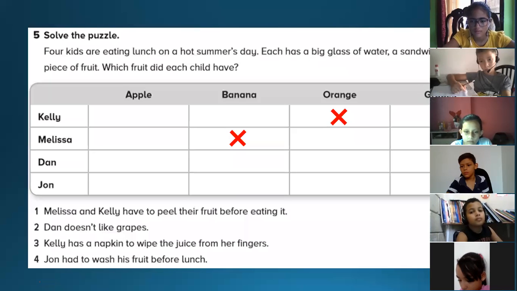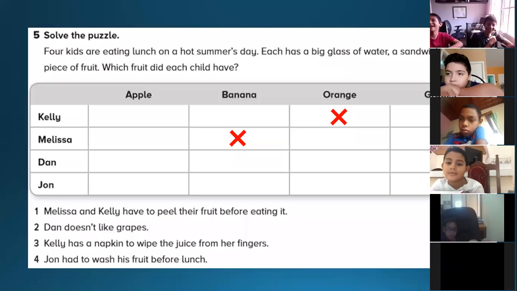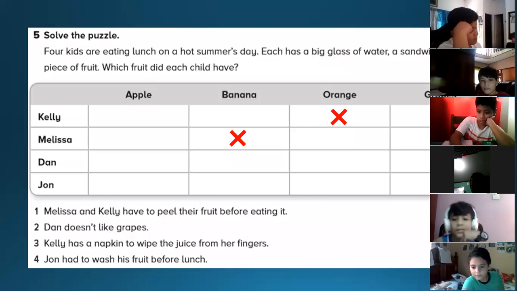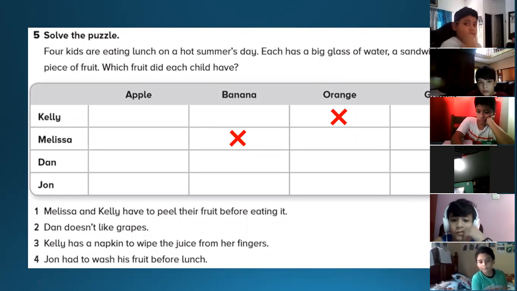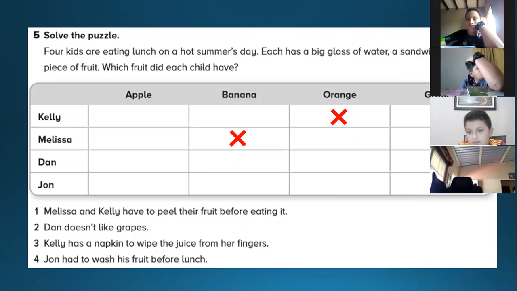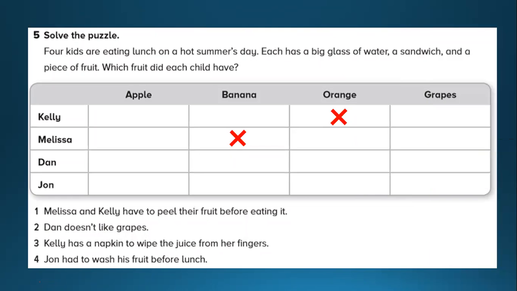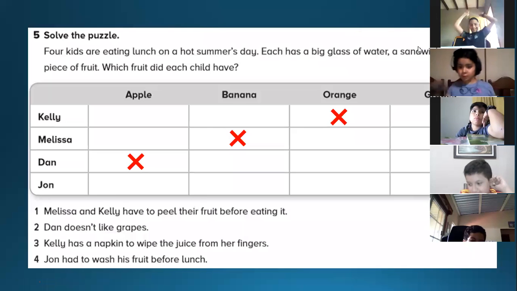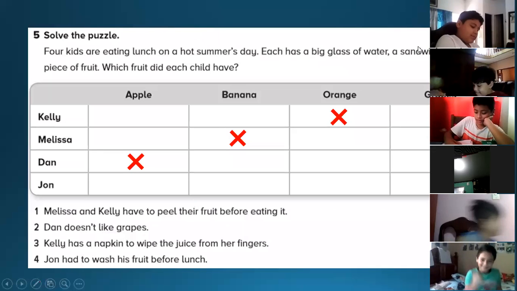Carla and Kevin say apple. Alan says grapes. Jose Carlos, Josue, Edwin, Jonathan, and Hector say apple. Okay, let's check who has the correct answer. And Dan's fruit is apple. Excellent.